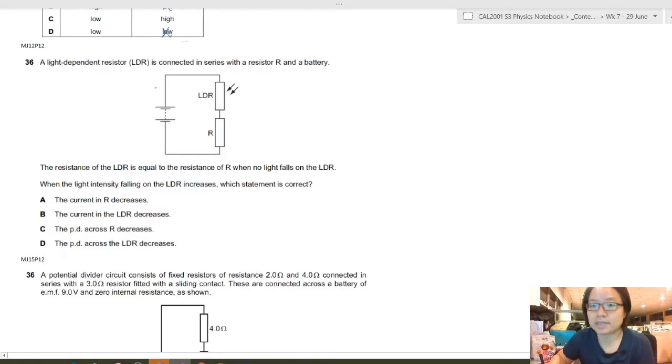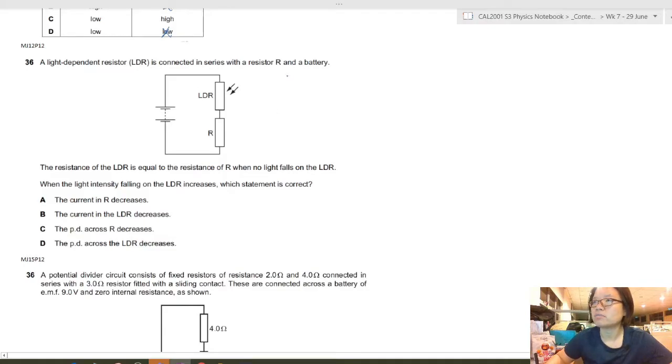Okay, so for this particular question, you think about it this way. They didn't tell you what happens to the LDR resistance with light intensity. But all LDRs will behave the same, okay?